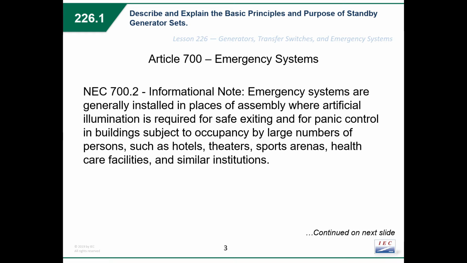There are some other minor systems that might fall in there, but are we using a generator for our emergency lighting? Not as common as the battery powered lights that we typically see, the bug eyes, the battery powered exit signs and everything. But this is an option. I'm sure, if you haven't seen this yet, you will at some point. It's certainly a valid option. But if we're talking about emergency systems, in other words, emergency lighting generally, that's Article 700.